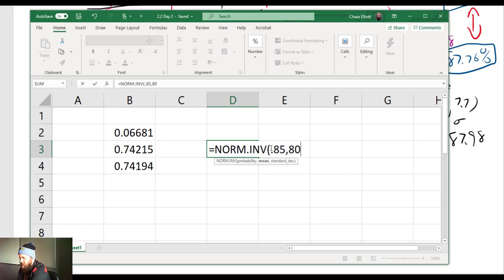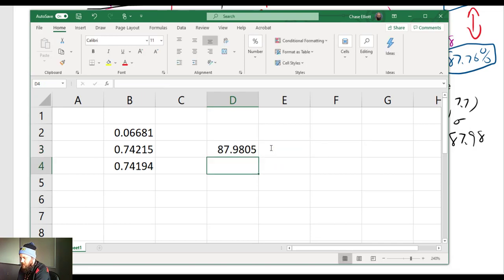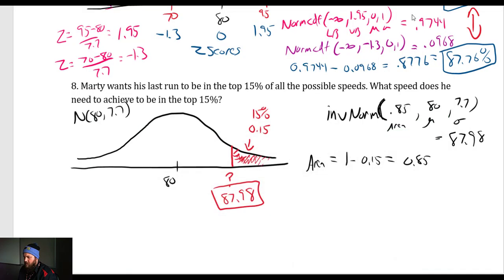Our mean was 80 and our standard deviation was 7.7. That gave us 87.98. Same thing. So it does work the same way in the spreadsheet. You don't even need a fancy calculator as long as you have Google Sheets or Microsoft Excel. Either one of those will work.